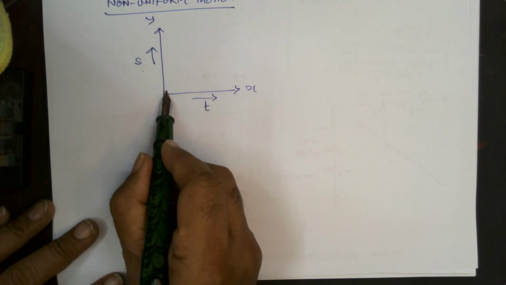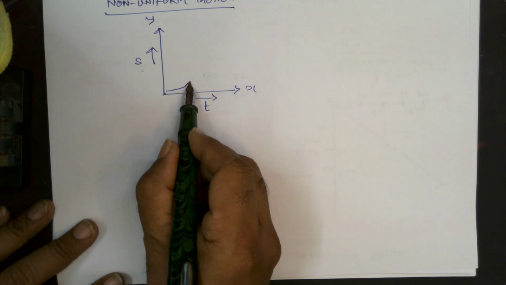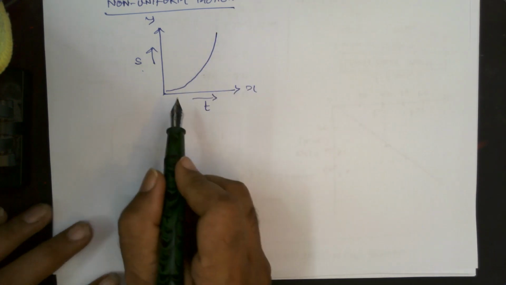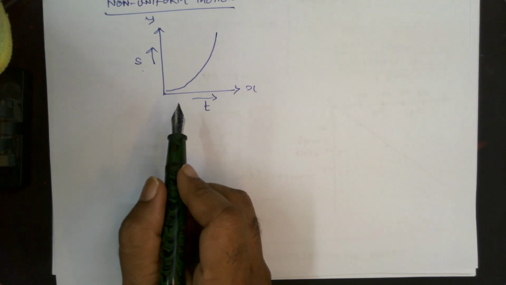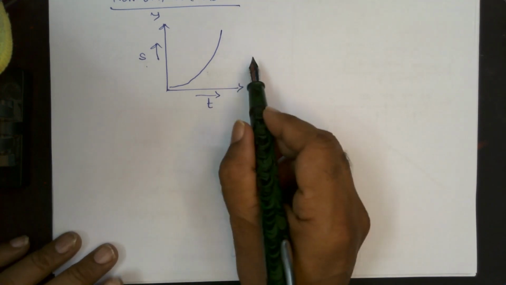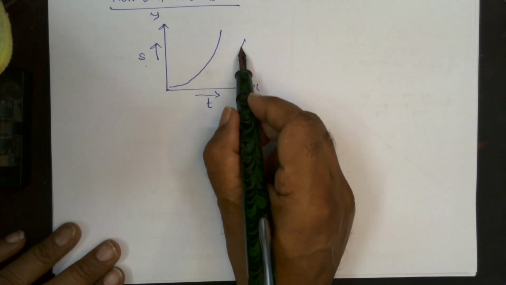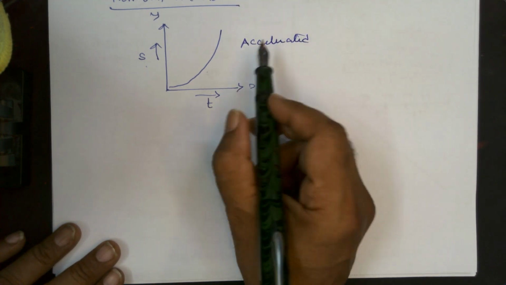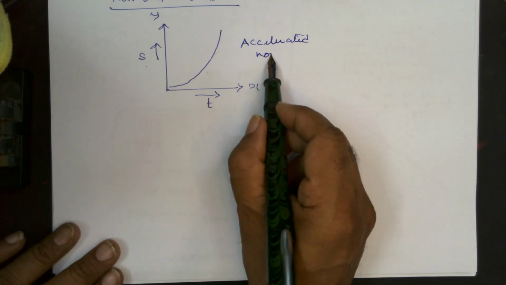Okay, so every time the distance is varying, so it can be like this. So such kind of non-linear one is called non-uniform motion. Why? Because it is an accelerated non-uniform motion.